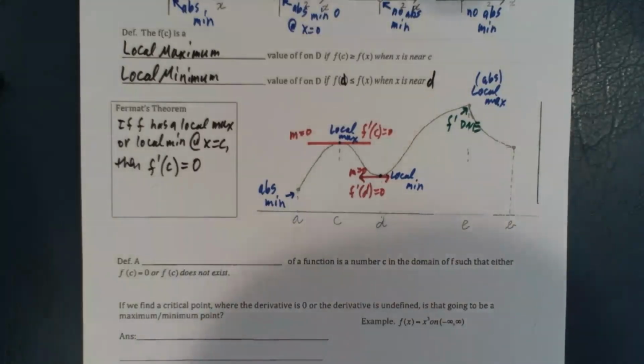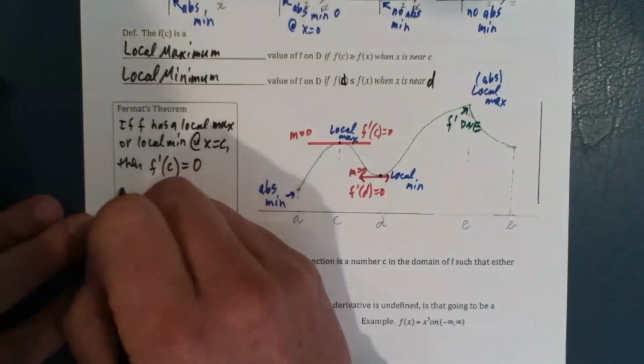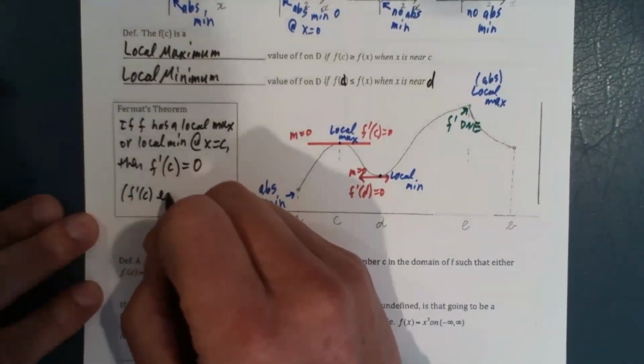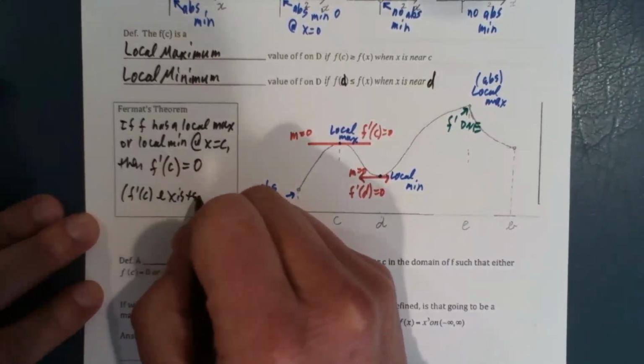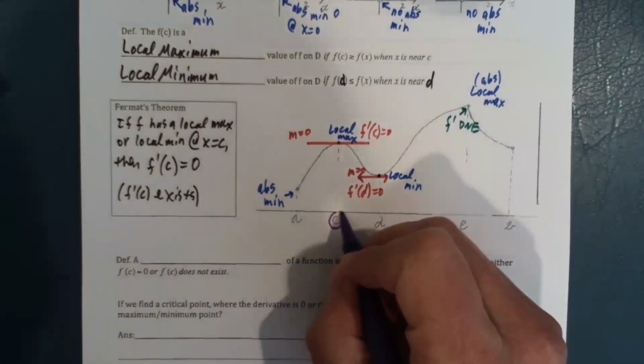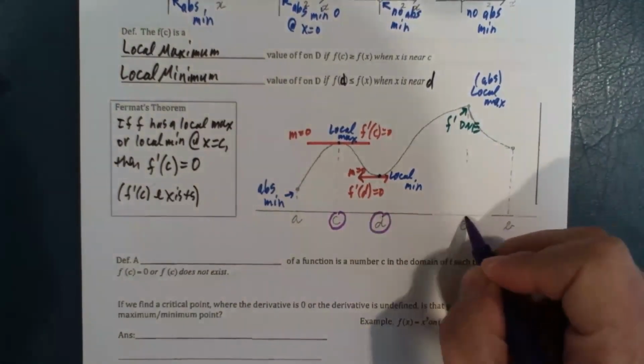All right, and we are going on the assumption that f prime of c exists. If we meet this condition here. And I want to point out here that we have what are called critical values here, here, and here.